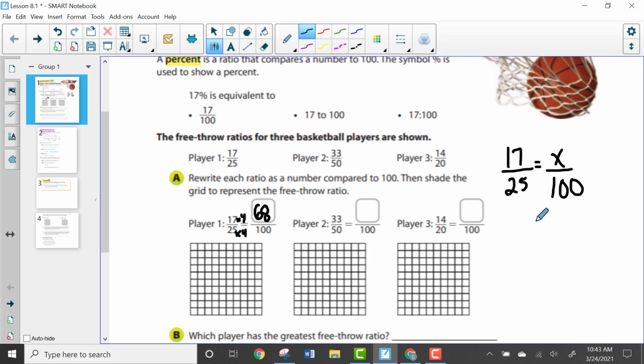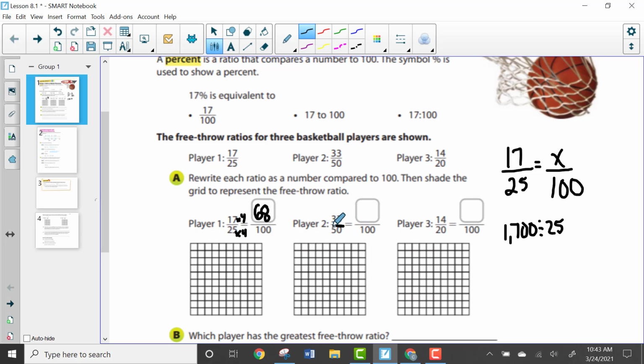So we multiply 17 times 100, that gives us 1,700. Then divide it by the 25, and that'll give you 68. So setting this up as a proportion is a really good way to figure out how to take that ratio and turn it into a percent.